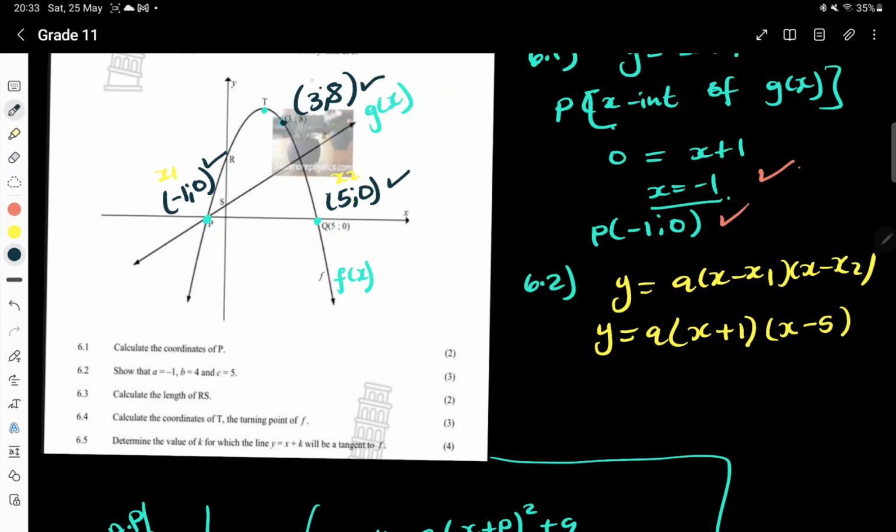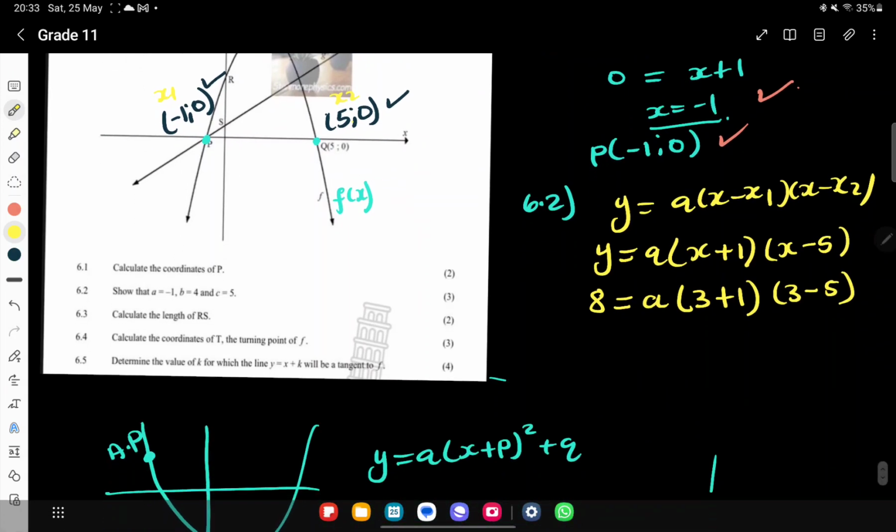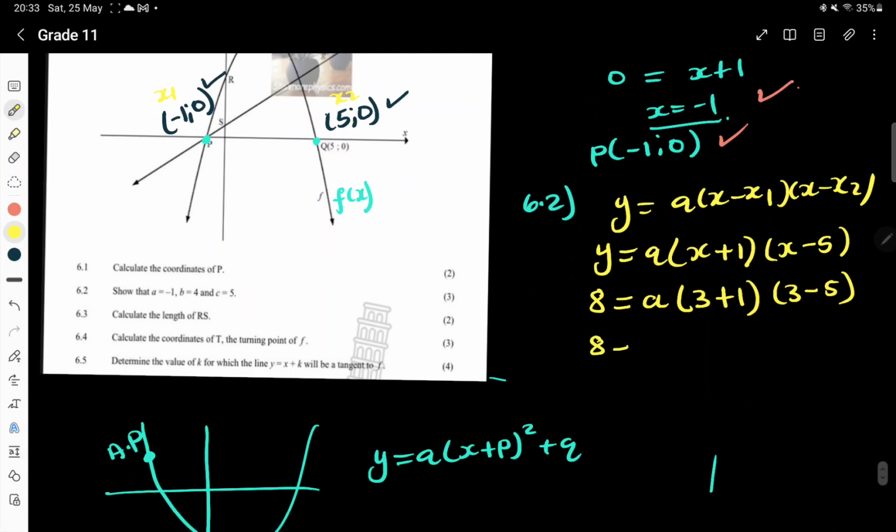Now you have to use a point. That point has an x value and a y value. So the y is 8. So it's going to be 8 is equal to a(3 plus 1)(3 minus 5). Then from there, 3 plus 1 is 4, 3 minus 5 is -2.